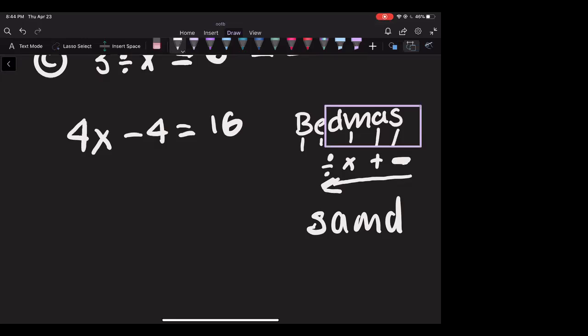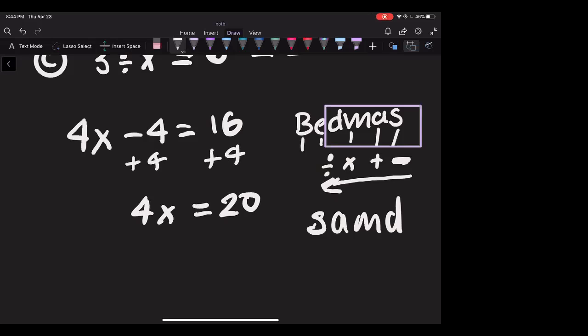Do we have anything adding or subtracting in this question? You have subtracting 4. So what do I have to do to get rid of it? I have to add, like, what minus 4 equals 16? 20. Yes, you have to add 4 on each side. So it's 4x is equal to 20. Do we have any more addition or subtraction?